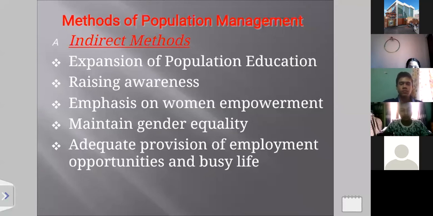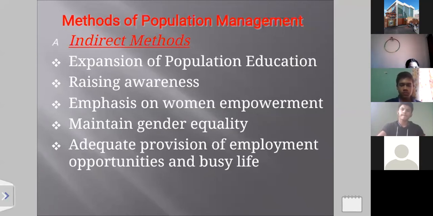And after then, the next indirect method of population management is there. The next indirect method is adequate provision of employment opportunity and busy life. To share that indirect method, once again I would like to request Mr. Ujjwal. Mr. Ujjwal, are you listening to me? Yes, sir. Okay, Mr. Ujjwal, we had discussed maintaining gender equality.